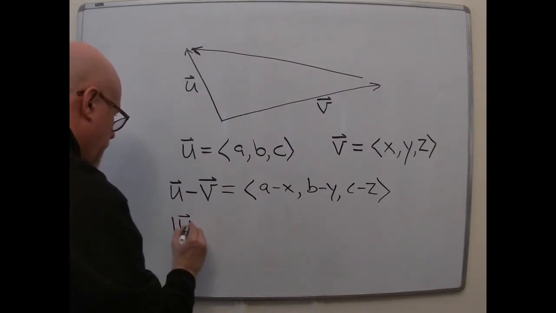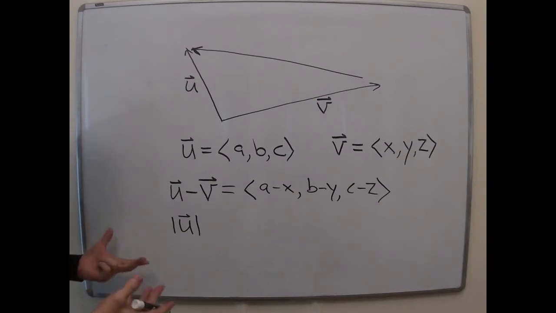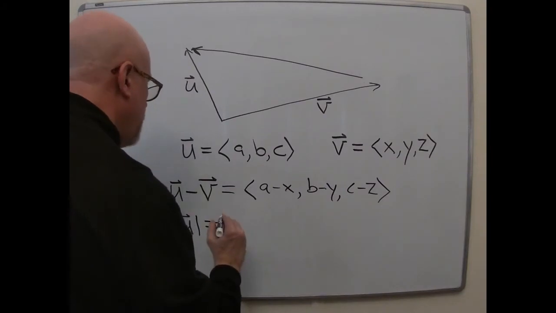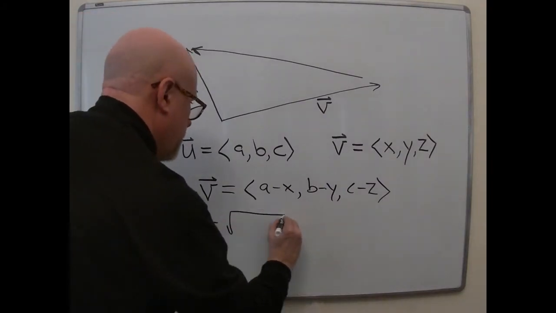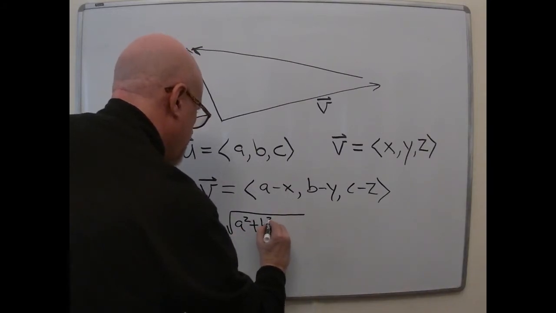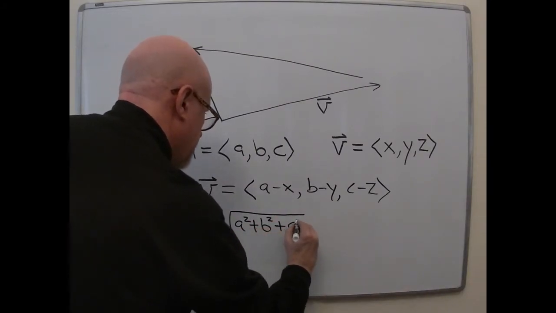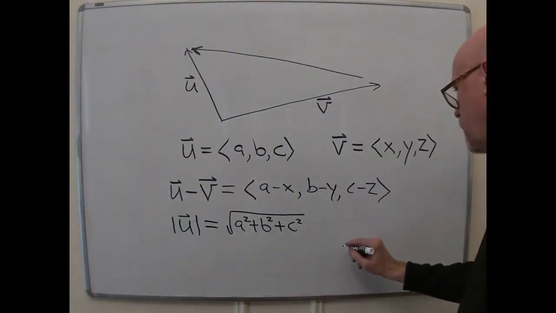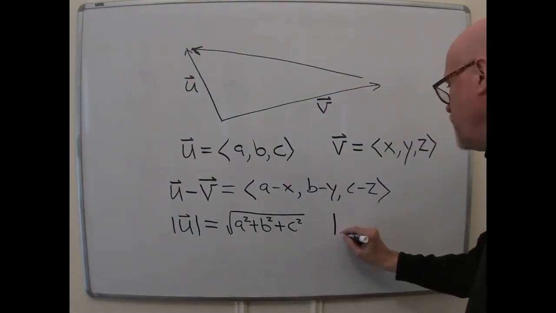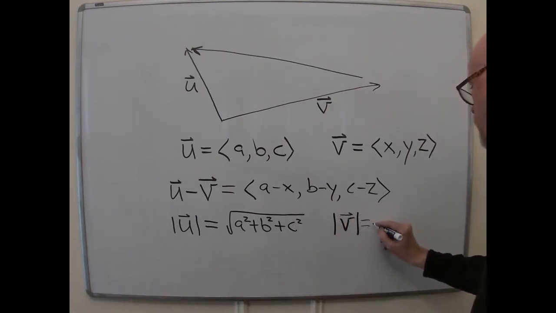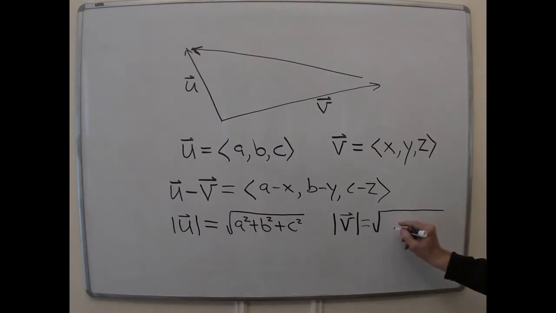Put the vector inside absolute values means how big is it? What's the magnitude of the vector? And so for us here, the magnitude of u would be the square root of a squared plus b squared plus c squared. Similarly, the magnitude of v is the square root of x squared plus y squared plus z squared.